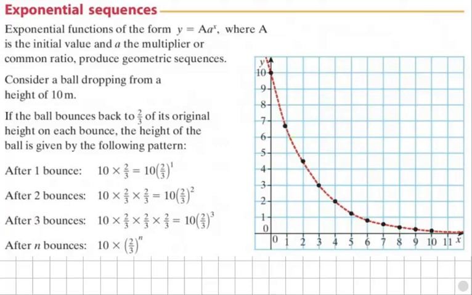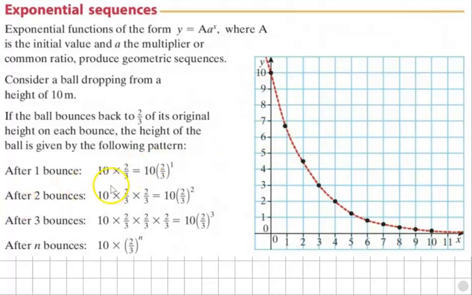So 2/3 of 10 is 6.666 recurring. So we'll round off to 6.7 meters. So that point there is 1, 6.7 meters. Now we're not interested in the 6.7. What we're interested in is the 10 times 2/3 to the power of 1. That's what it gives us, approximately 6.7.